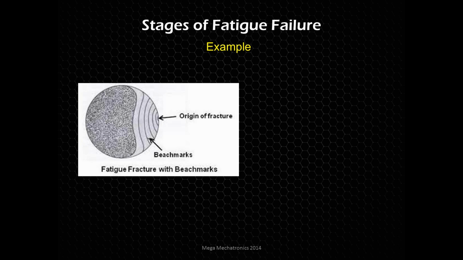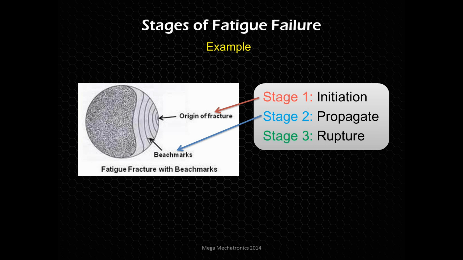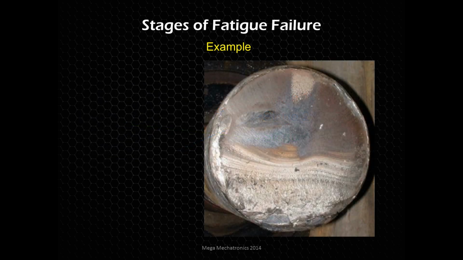So the striations are going to be much smaller. And then you see that gray sandy area, and that's the rupture area. So we have our initiation at the origin. We have our propagation through these beach marks, starting from the origin, getting bigger and bigger until we reach the rupture stage, where the part completely fails.